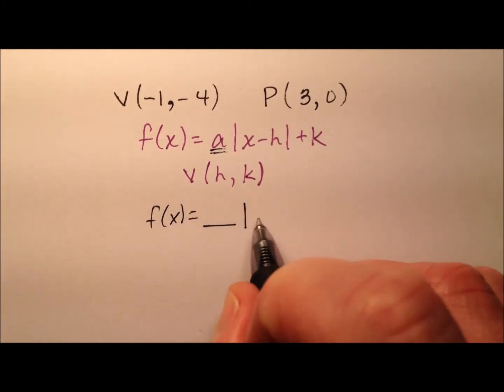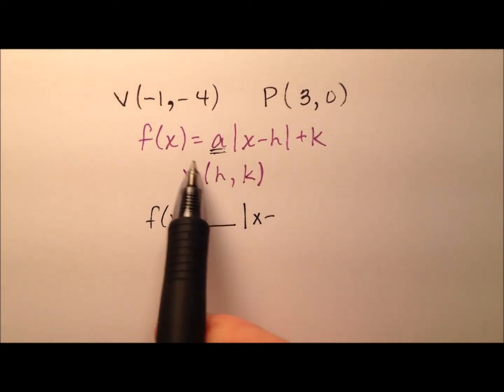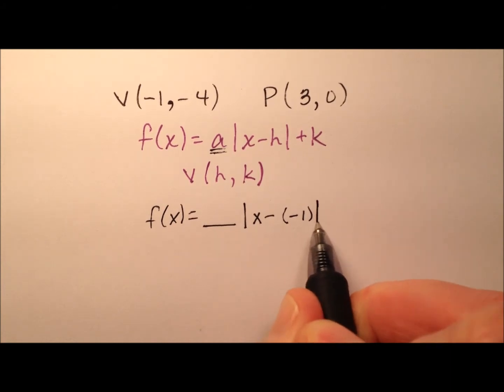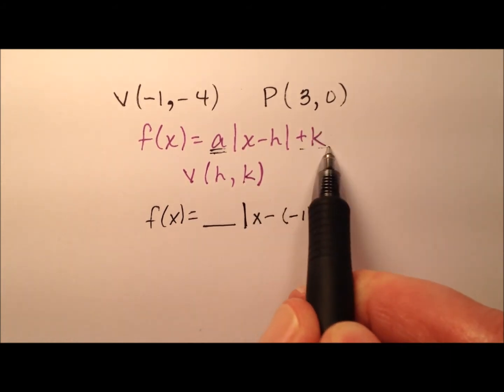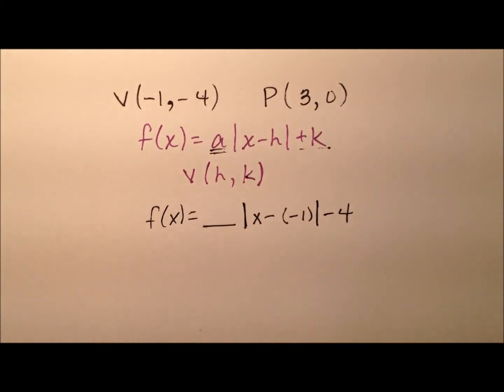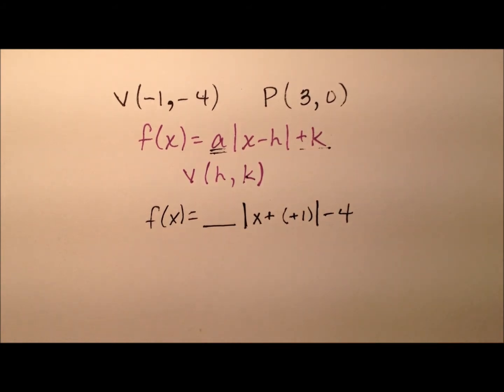But we have the absolute value of x minus h, which is the x coordinate of our vertex, so that's negative 1. And then outside the absolute value bars is our plus k, the y coordinate from our vertex, so negative 4. And of course, that'll be x plus 1 when we're all done with this.